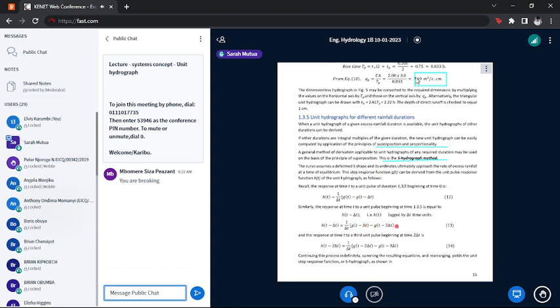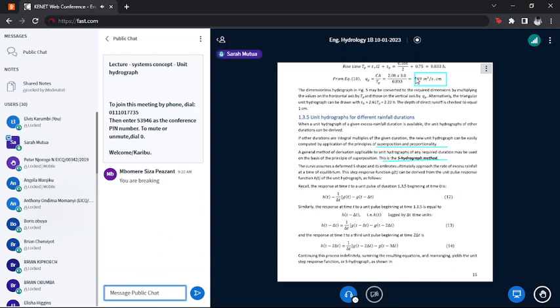So now the t minus dt here becomes t minus 2 dt. And thinking about a third unit pulse beginning at time 2 dt, then here you are going to have 1 over dt, g of t minus 2 dt minus g of t minus 3 dt.